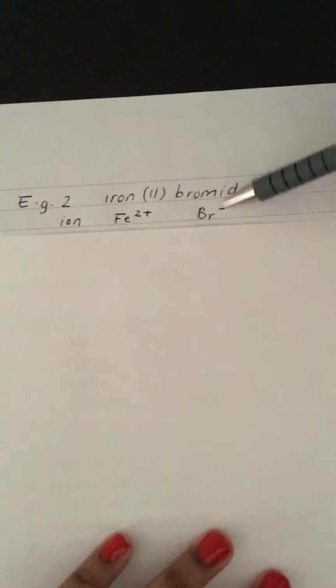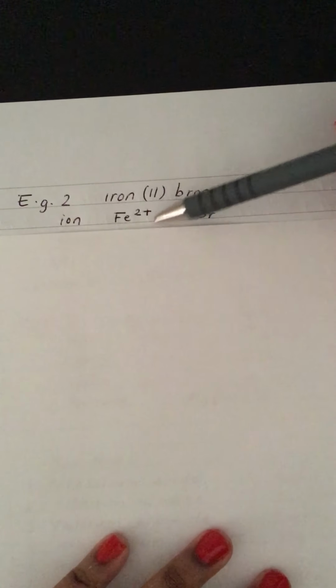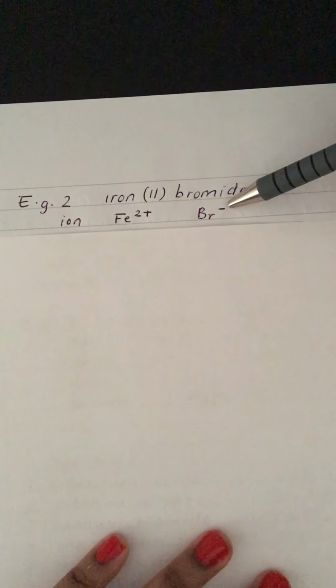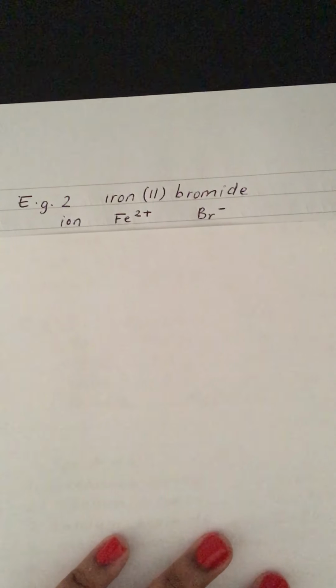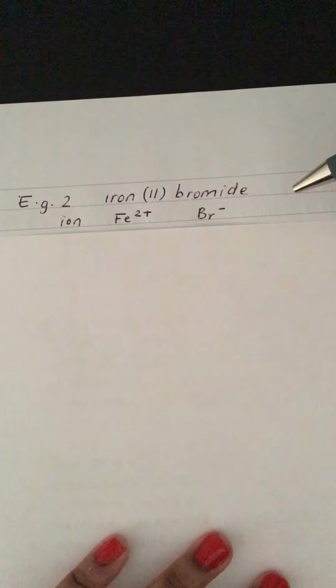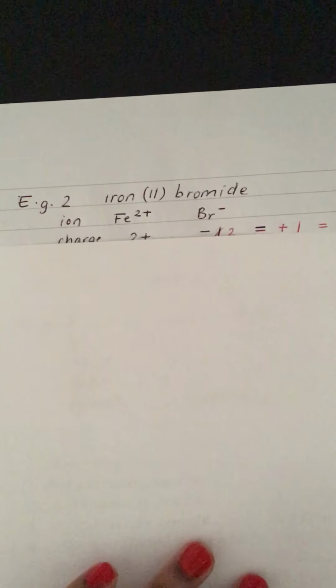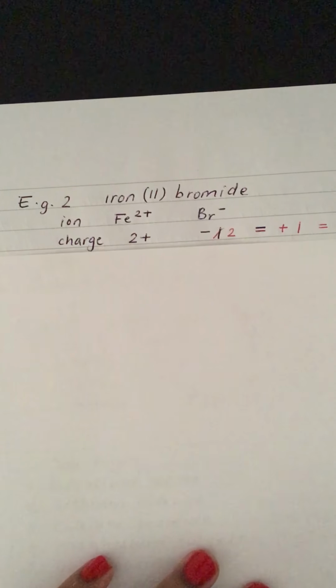Now, do these charges add up to 0? This has an overall charge of +2, this has an overall charge of -1. +2 minus 1 does not equal 0. So I know I need to do some adjustment here.